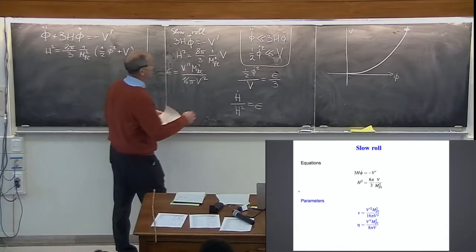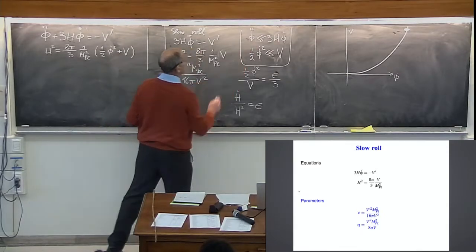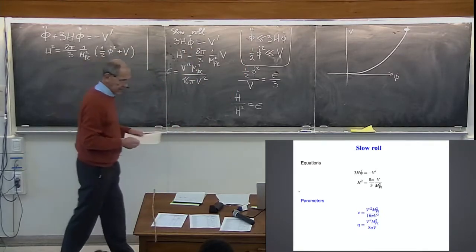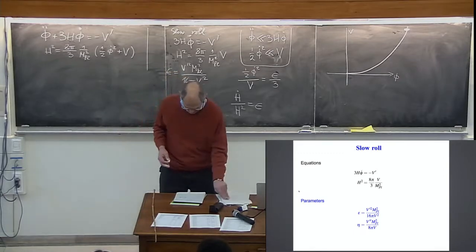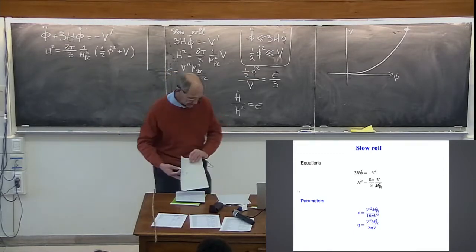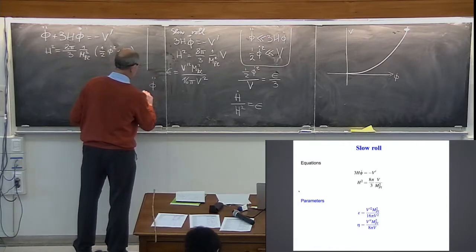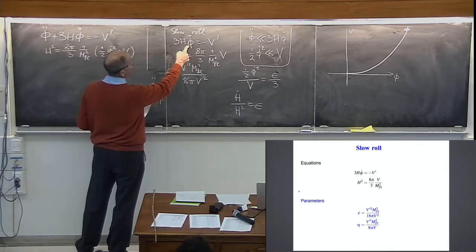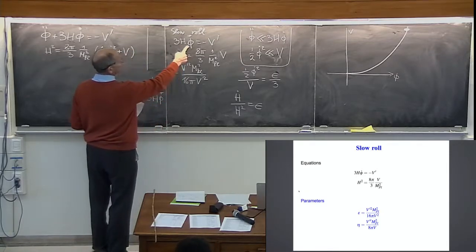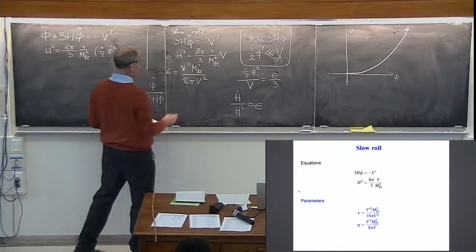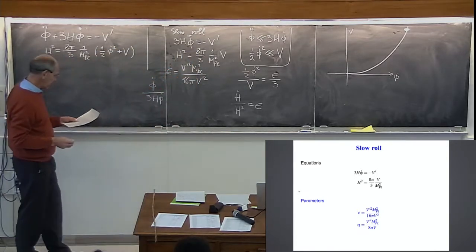Now the first of these slow roll conditions reads as follows: phi double dot over 3h phi dot. You have to calculate the derivative of phi dot here, and the time derivative of phi dot involves the second derivative of the potential.